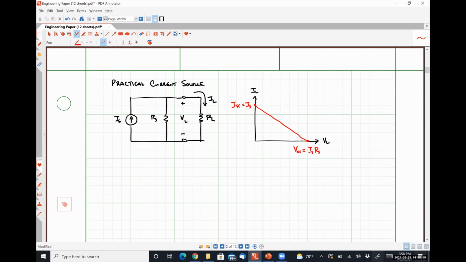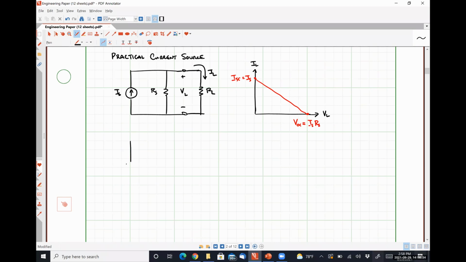So now we come to the tricky part. Under what conditions are these two practical sources electrically equivalent? So we have a practical voltage source, formed by an ideal voltage source in series with some resistance RS.